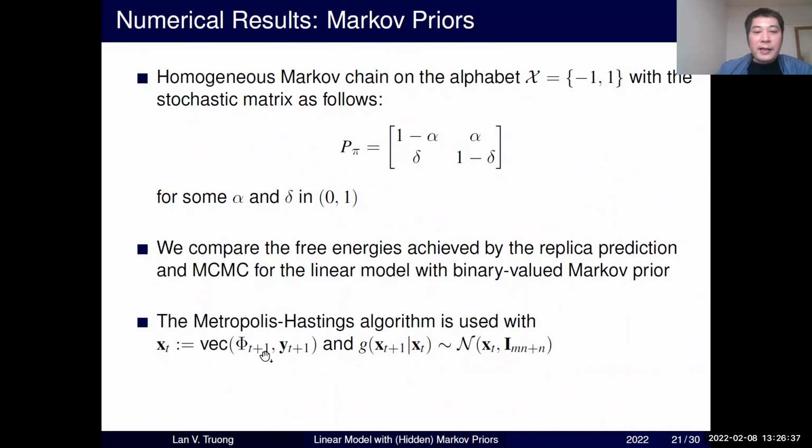Here is how we define the state: it's the vectorization of the matrix phi_t and y_t. Sorry, there is an error here, it should be phi_t and y_t. And for the transfer function, we define g(x_{t+1} given x_t) as a normal distribution with mean x_t and covariance.